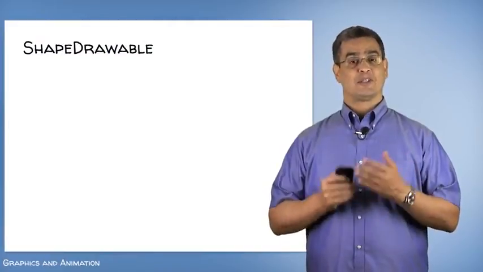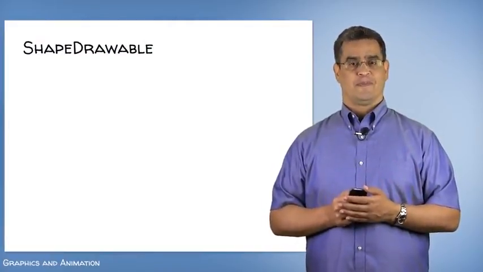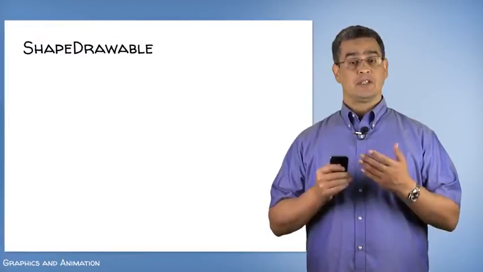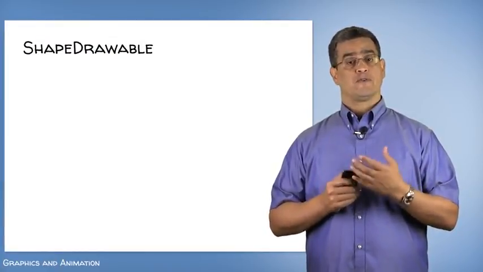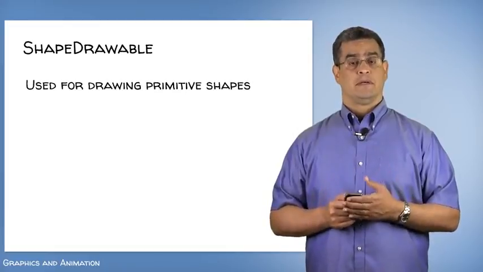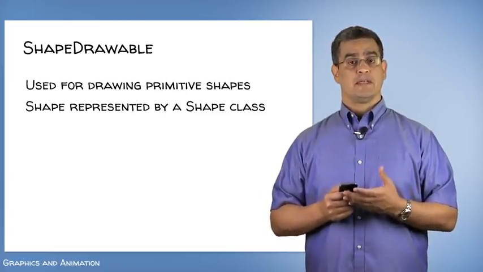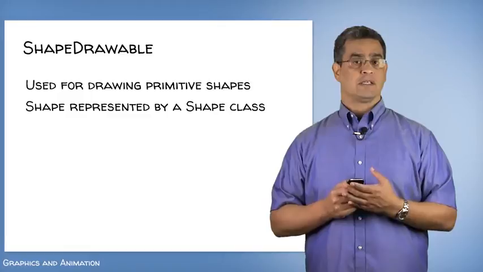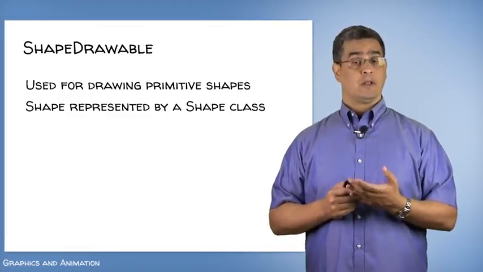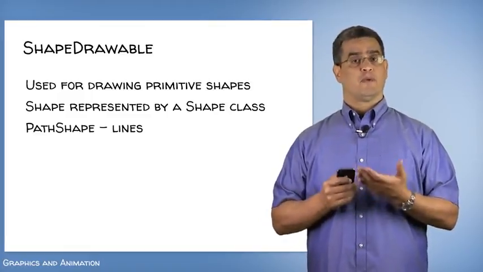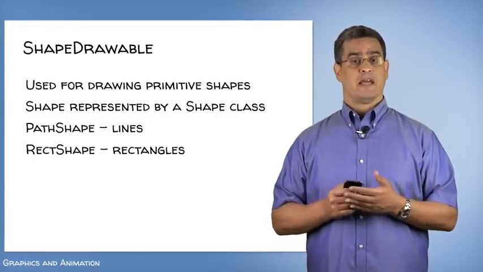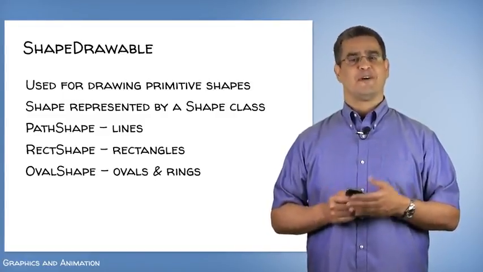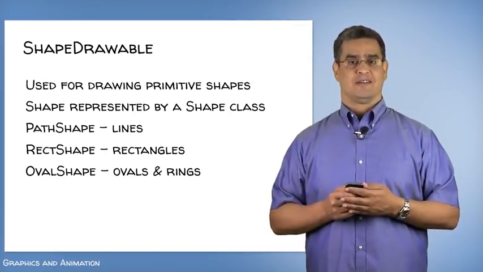So let's talk about some other kinds of drawables. One kind of drawable is the shape drawable. Shape drawables are used for drawing simple shapes. Different shapes are represented by different subclasses of the shape class, including PathShape for line segments and curves, RectShape for rectangles, and OvalShape for ovals and rings.